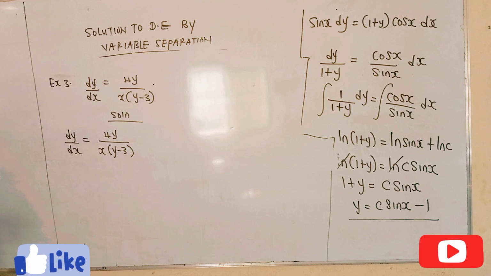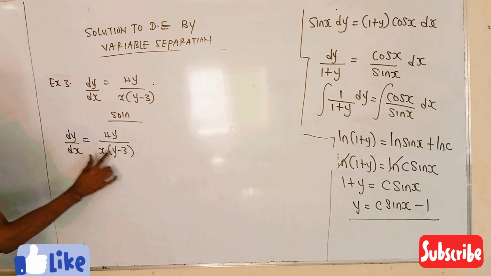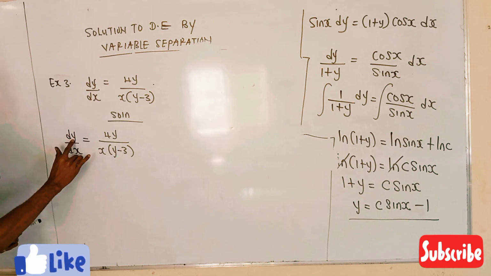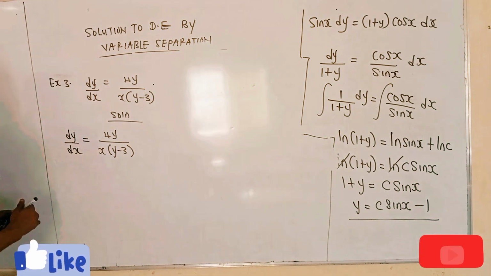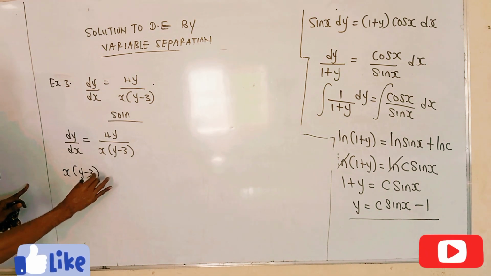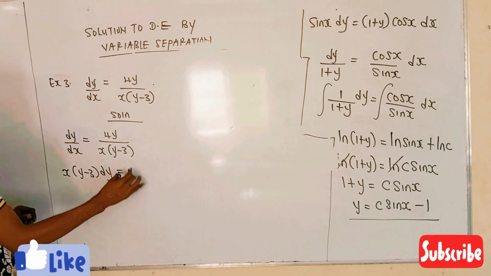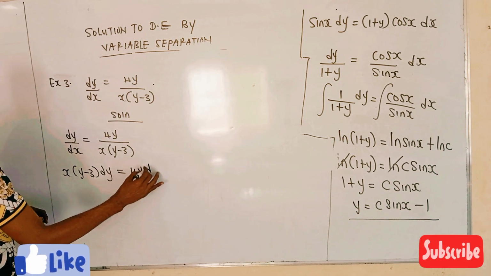Remember, the first thing to do still remains the same. When we cross multiply, we ensure that we cross the one having dy first. So dy multiplied by this gives us x into y minus 3 dy equal to 4y multiplied by dx, that is 4y dx.